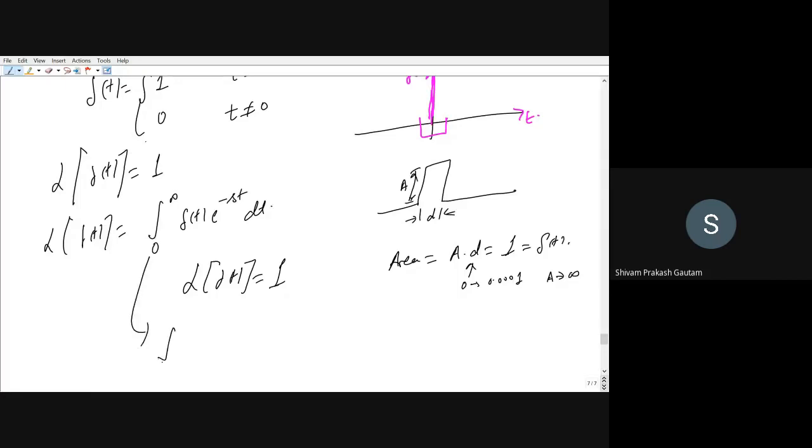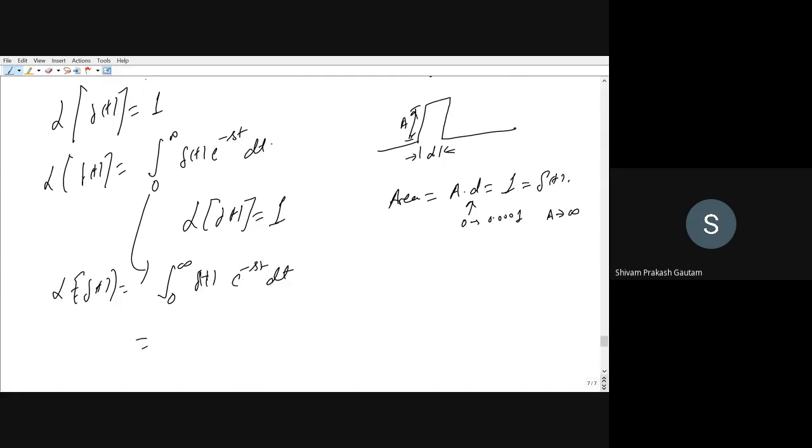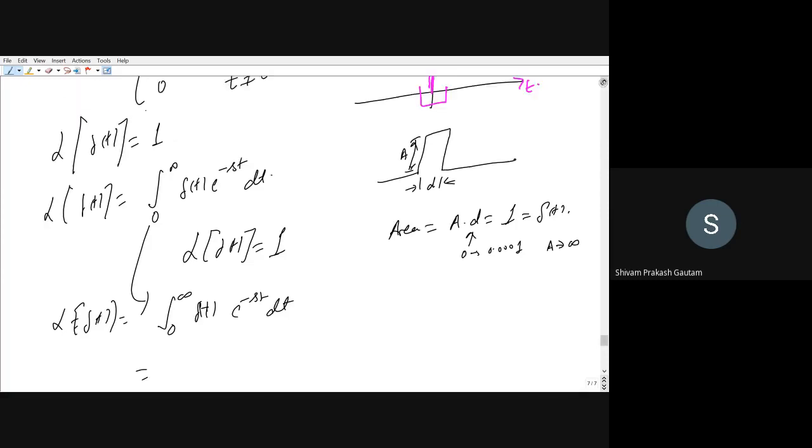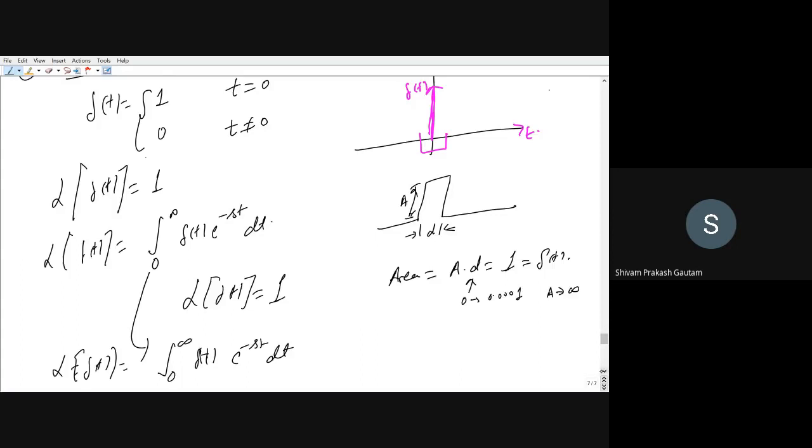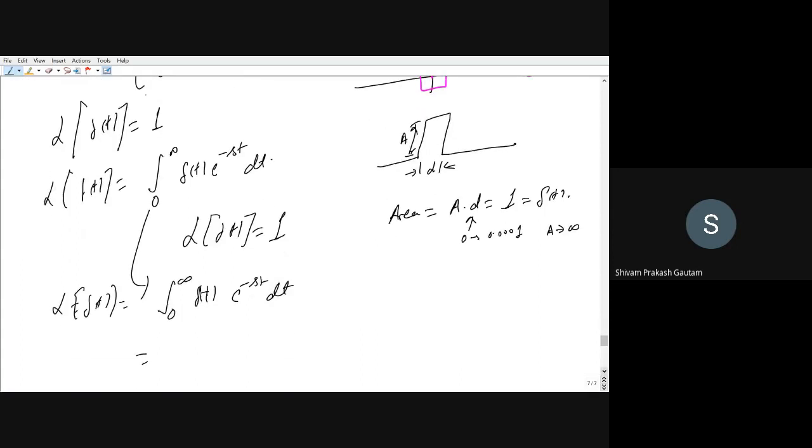The Laplace transform of del t is equal to the integration from 0 to infinity of del t e to the power minus st dt. But the value of del t is only 1 at t equal to 0. So you can put t equal to 0 here.